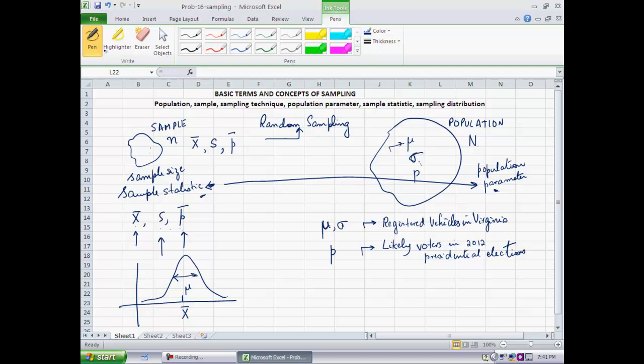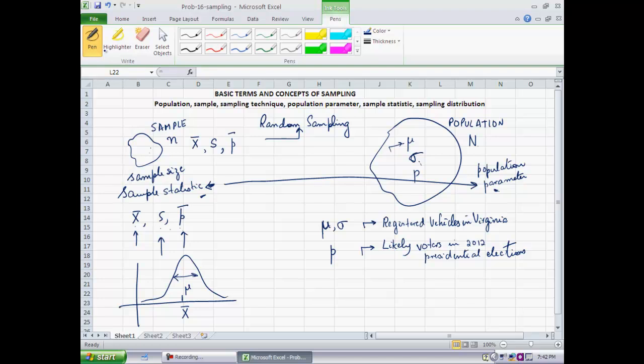To summarize, what we're doing in sampling is picking a subset of a population and doing measurements on the sample. The measurements on the sample yield what are called sample statistics, and based on the sample statistics we try to infer the corresponding population parameters. Now, the population parameters are constant, but the sample statistics are random variables.